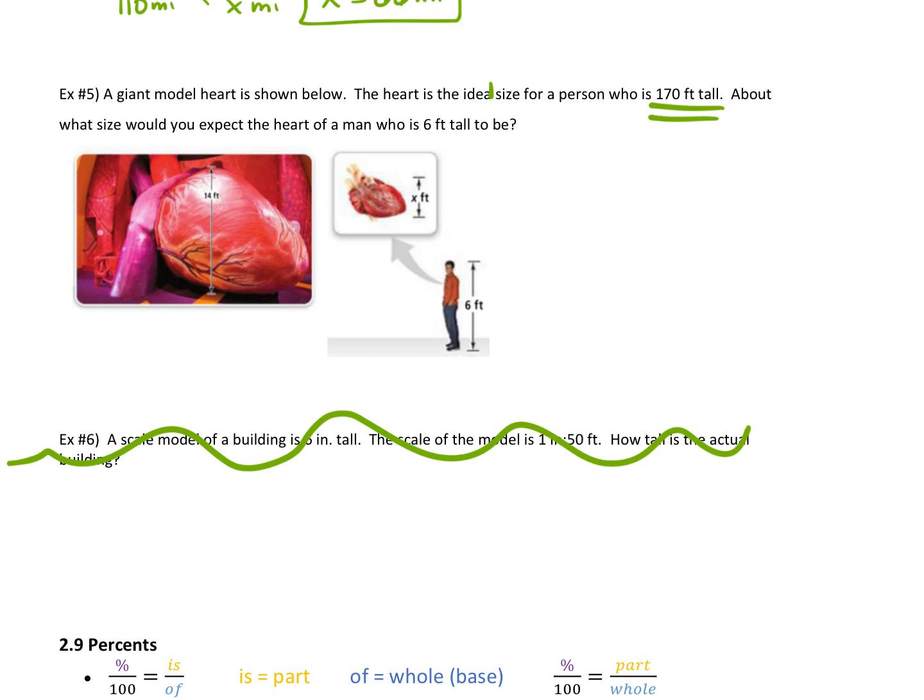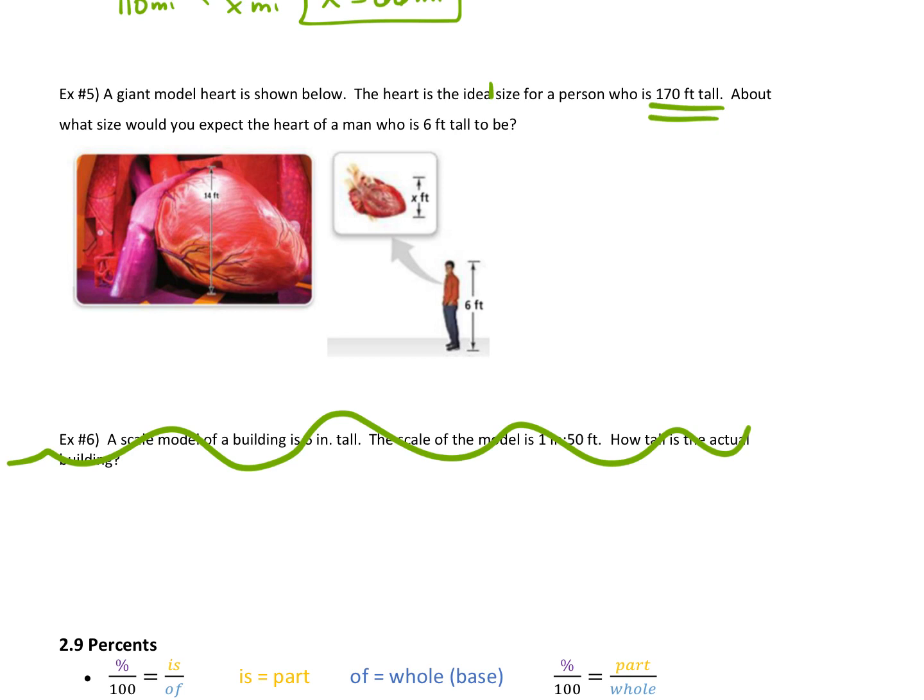Because you could never have a 170-foot tall man, but if we do everything to scale, you could have this bigger version of a heart drawn to scale for you to look at, to study, to be a doctor who's going to do surgery on a heart.